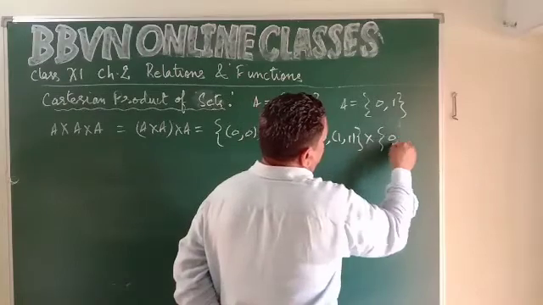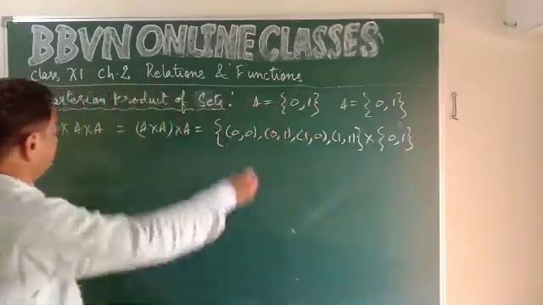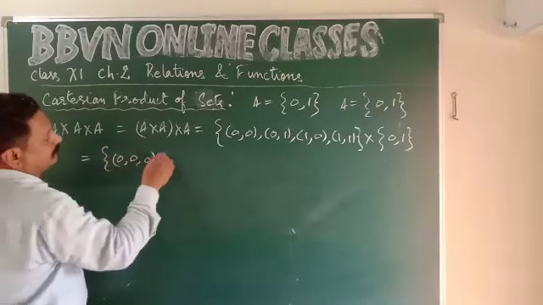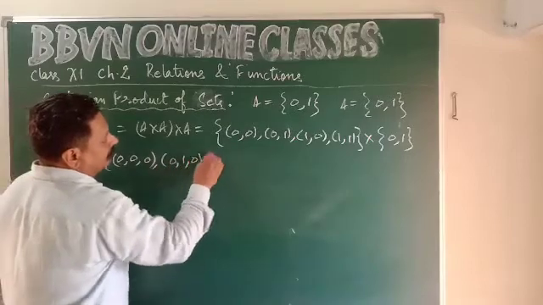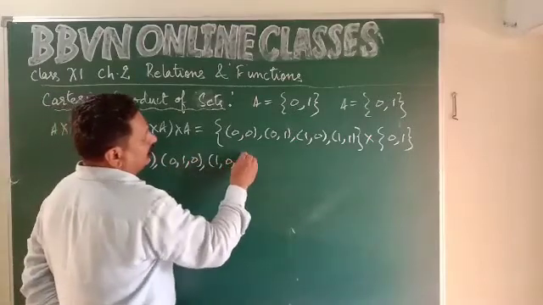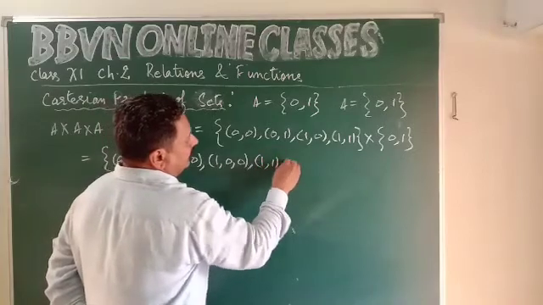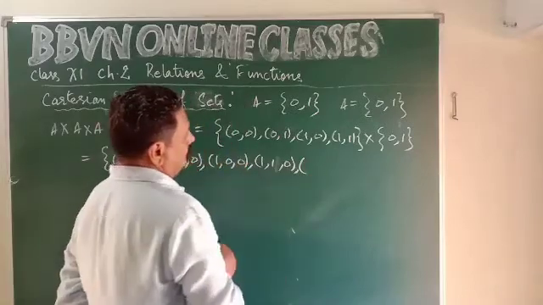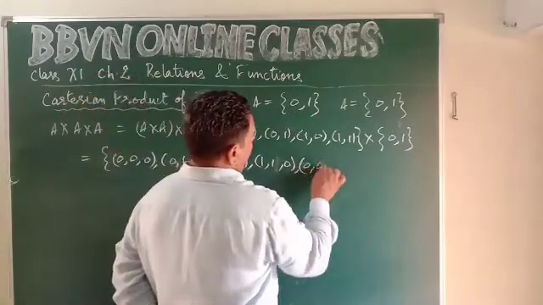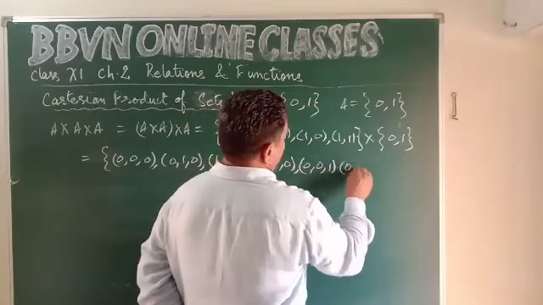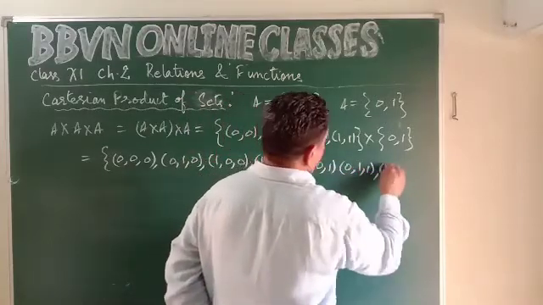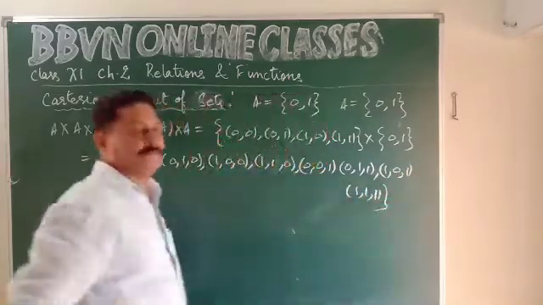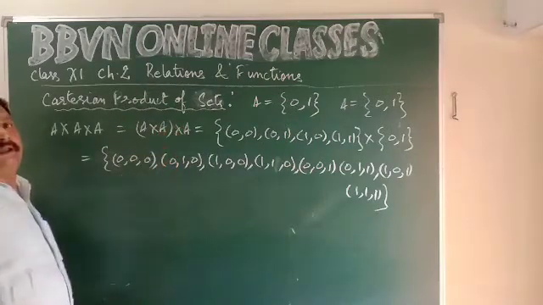Cross 0, 1 gives 0 0 0, 0 0 1, 0 1 0, 0 1 1, 1 0 0, 1 0 1, 1 1 0, 1 1 1.